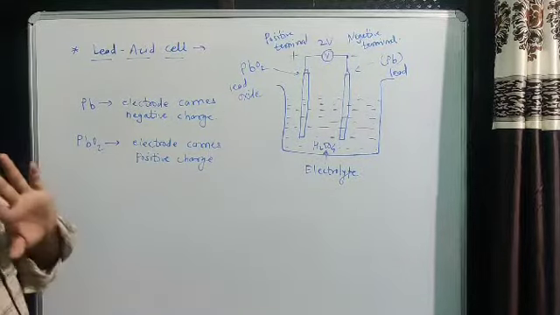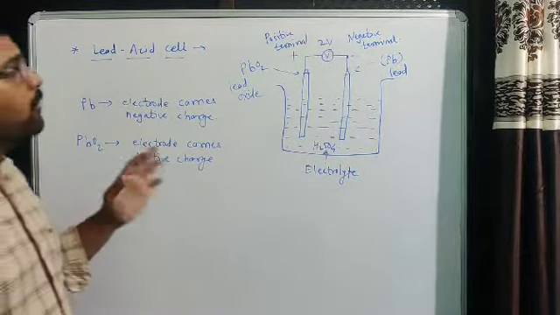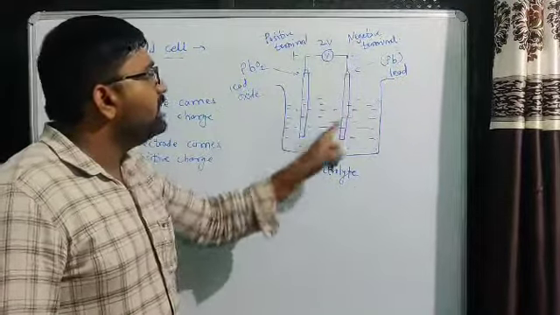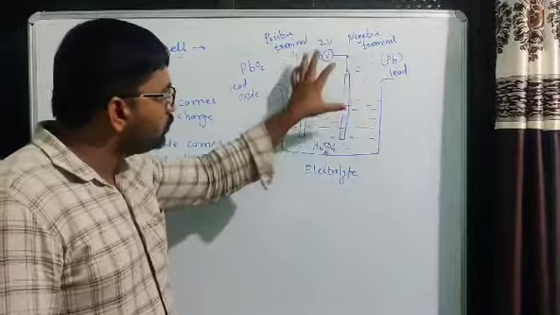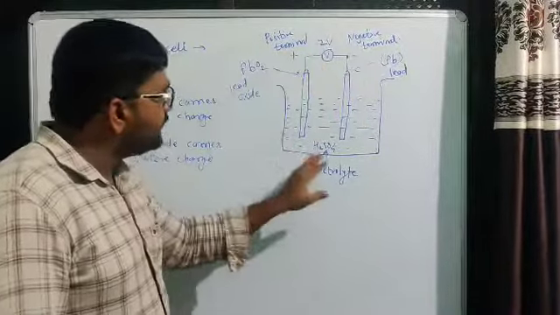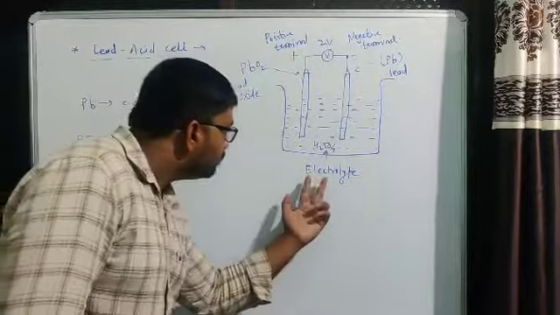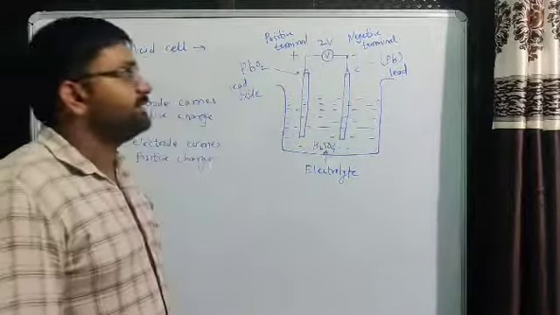Construction is very simple: only two rods, a lead oxide rod and a lead rod, are just inserted into the H2SO4, the sulfuric acid, which is used as the electrolyte in this case.